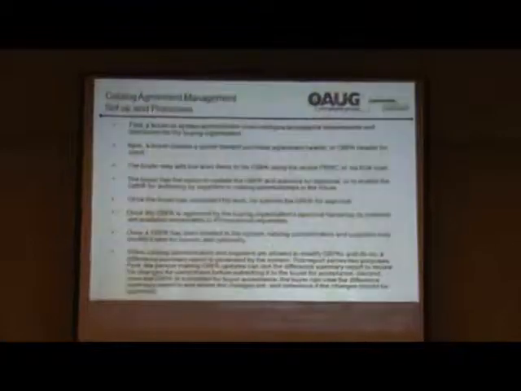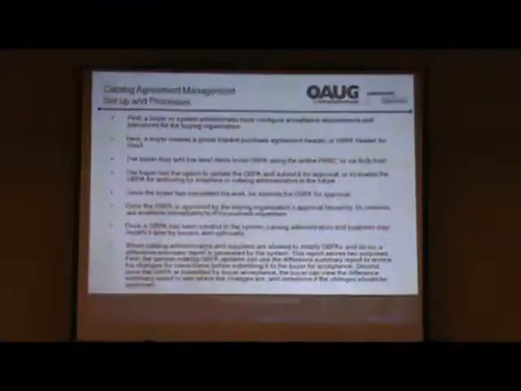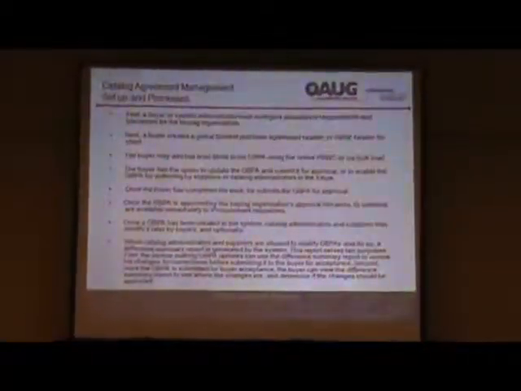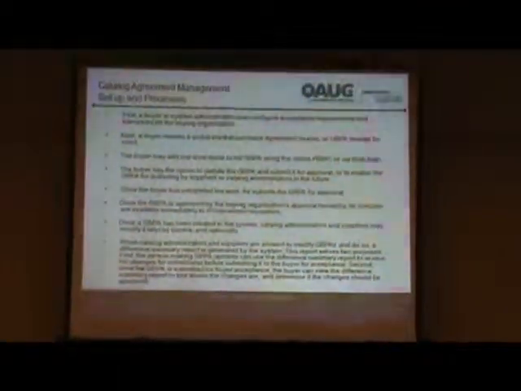Then the buyer submits it for approval and it gets approved through the organization approval hierarchy. At the same time, the buyer has an option to enable it for authoring to the supplier or catalog content administrator.